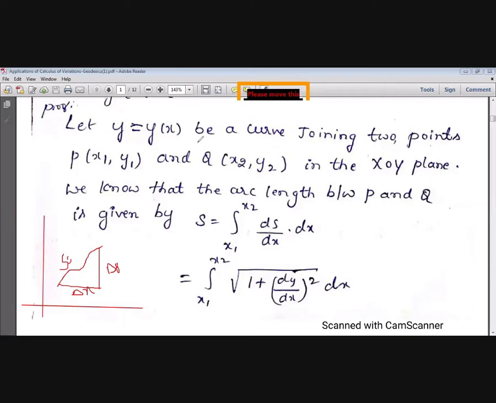If you want this length, it means delta y by delta x, limit delta x tends to 0, you know this. So that will give dy by dx.